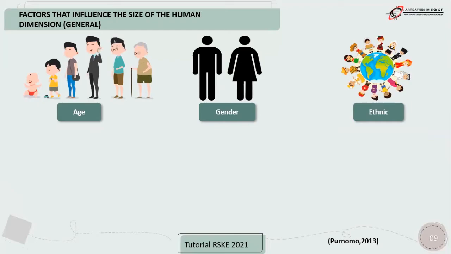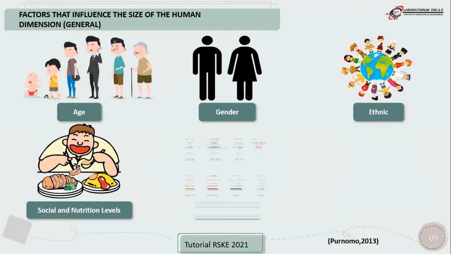For gender, by nature, adult males have a higher average height than adult females. The third is ethnicity. Most Southeast Asian people are shorter than Europeans or Americans.